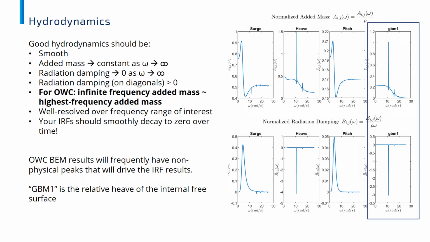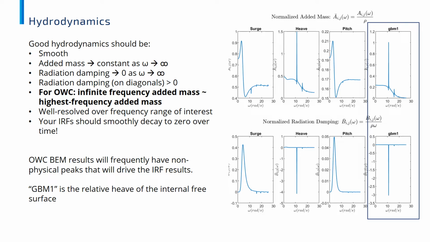On the right-hand side of the screen, we see some boundary element method results from the generalized body mode method from WAMIT of the geometry presented on the previous screen. The internal free surface motion is headed with the heading GBM1 for reference. On the left-hand side, we see a number of characteristics that good BEM runs should have for use with WEC-Sim at least.